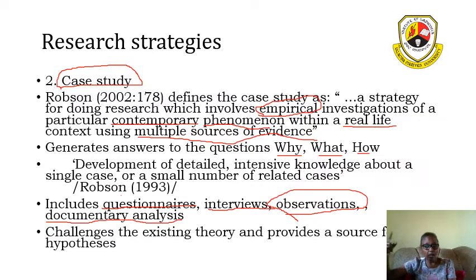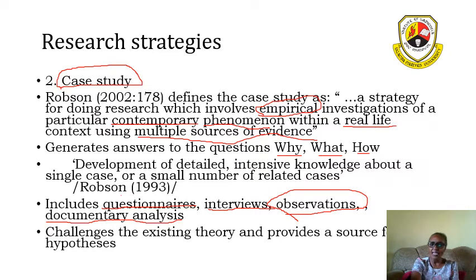You remember with our experimental research method, especially in the multitasking article, what the researchers were dealing with were hypotheses, assumptions from theory. So that is highly quantitative in nature when you are proving or disproving a hypothesis.